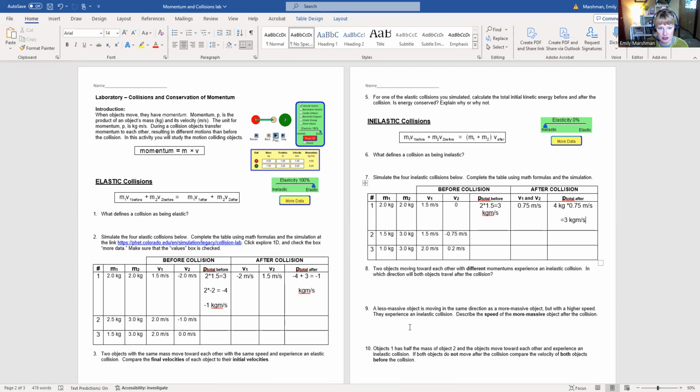Now, just a quick side note, you might be wondering, after two objects collide and maybe they stick together, the cars gradually slow down and stop, right? So the momentum is zero at the end. That's because after they collide and they start to skid off, there's friction acting on these two objects to gradually slow them down.